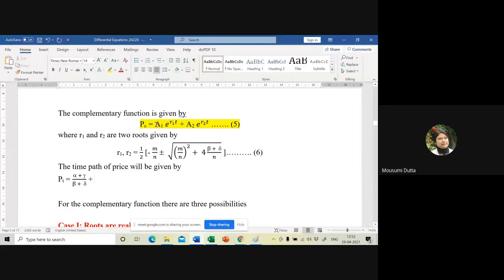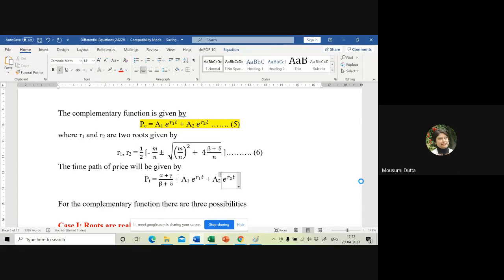Is it fine to all of you? Yes, ma'am. This is the structure of the time path.